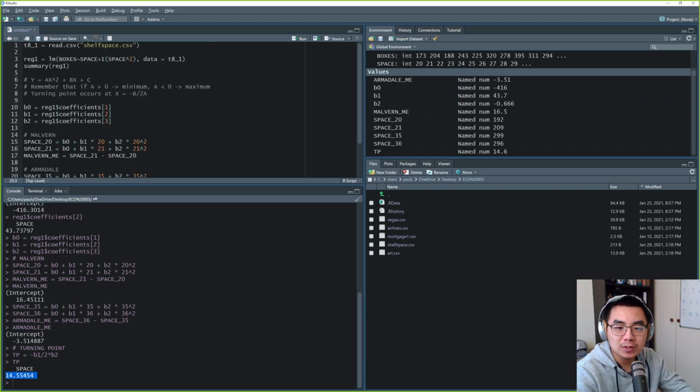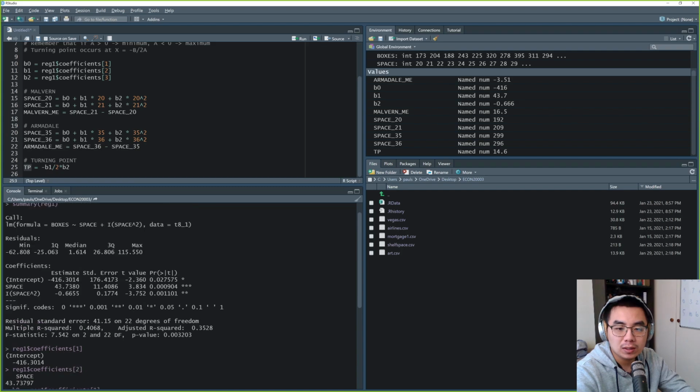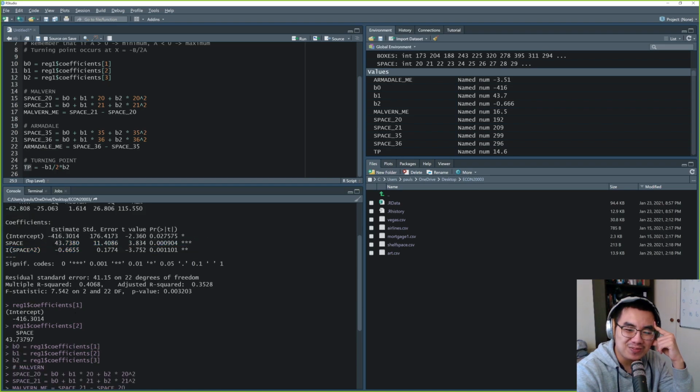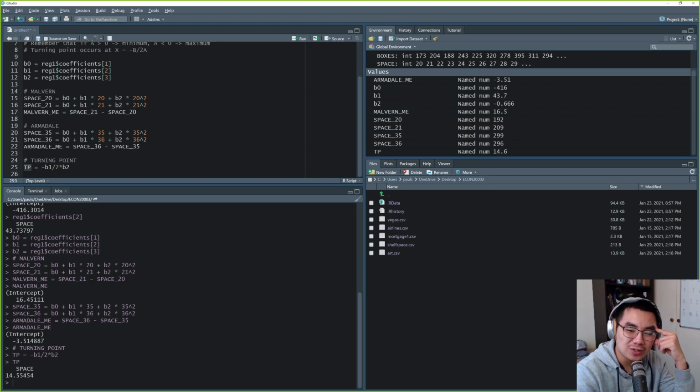Turning point is, let me just check this briefly, minus B over 2A. That's interesting. But 14 doesn't make too much sense either, because 43 divided by 1.2, how does that get us to 14?